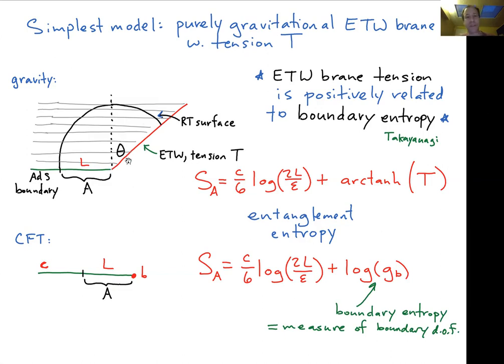This angle would then give you back everything you had before. That would correspond to this infinite boundary entropy here.